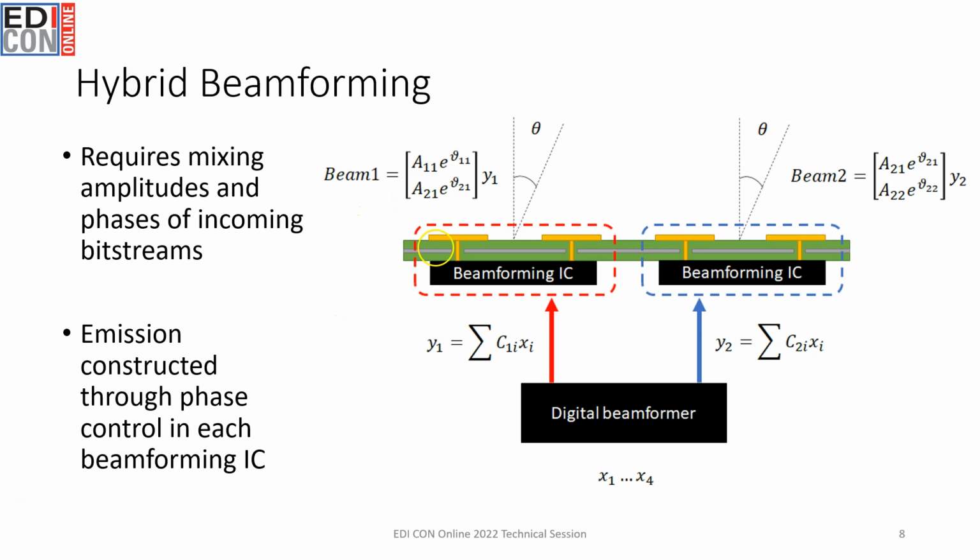There is also hybrid beamforming, so this is, as its name suggests, a mix of digital beamforming and analog beamforming. You have a digital beamforming system here that sends those different mixed bit streams off to an analog beamformer, which then provides some phase delay between all of the different elements, and that allows this portion of the array to broadcast at one angle or another, and that beam is going to depend on the phase mismatch between the signals sent to those different elements.